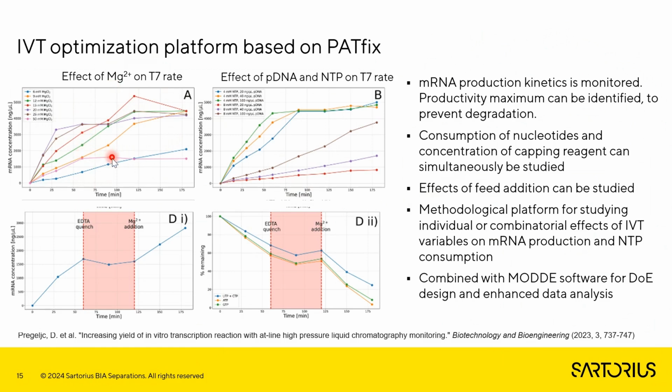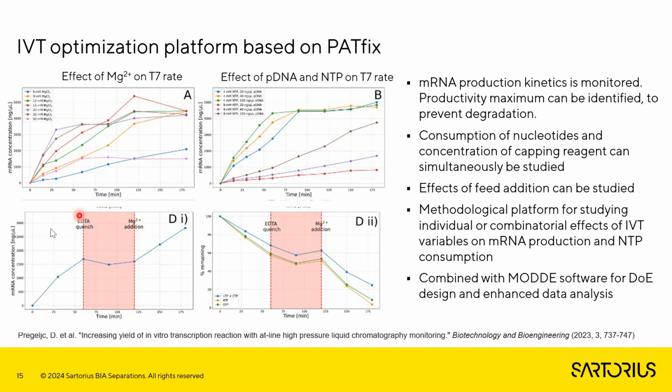What's the effect of magnesium on the rate of T7 enzyme or on the rate of mRNA production? What's the effect of plasmid DNA or NTP concentration on the T7 rate, and so forth? You can now start asking many, many questions, and you start getting back time-resolved information about how mRNA is being produced and how NTPs are getting consumed.